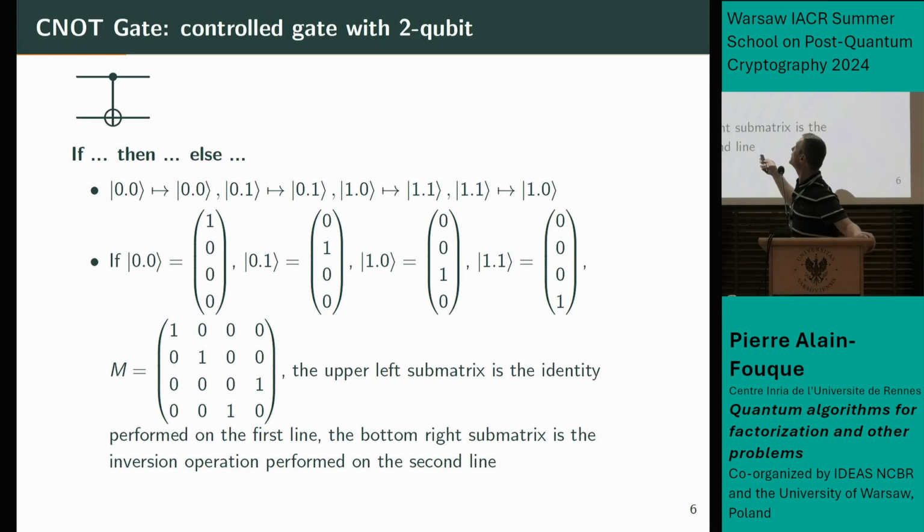So for the second qubit you have a 1. And it's exactly the same for this state: since you have a 1 for the first qubit, for the second qubit you have 1 XOR 1, and it will be 0. That's because here you have a 1. So it's what is called control NOT.